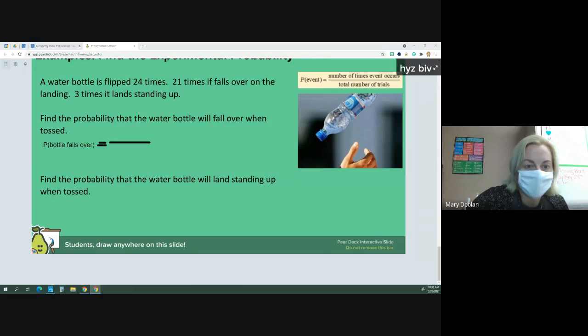This is going to be the probability, number of times it occurs. So how many times did it fall over? It says 21 times it fell over. Number of times it falls over, that's divided by the number of tosses.